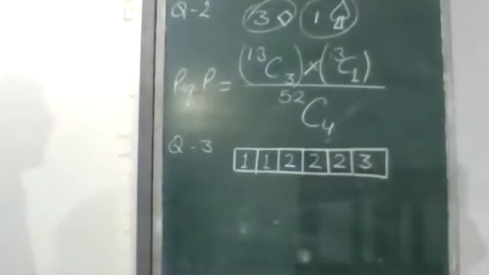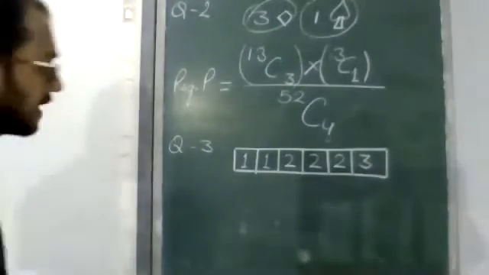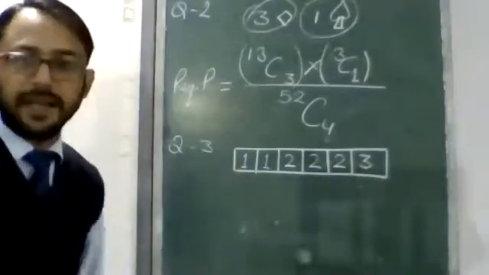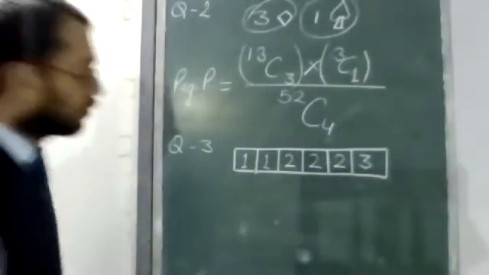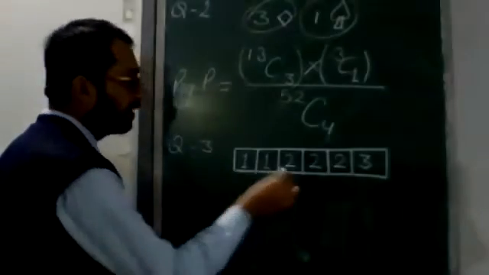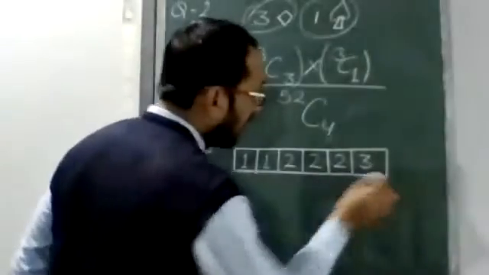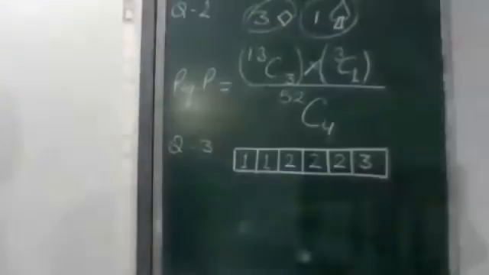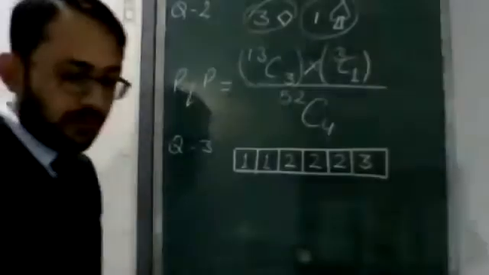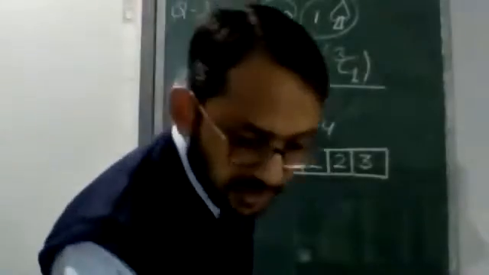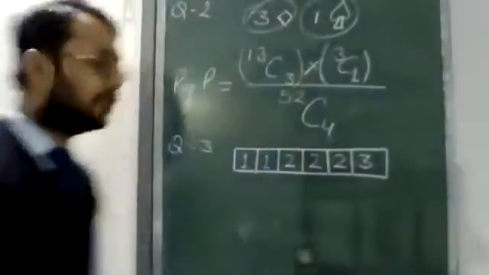See now, it is given to us that a die has 6 faces: 2 faces are with number 1, 3 faces are with number 2, and 1 face is with number 3. We want to work out some conditions. The first condition is that we want 2.